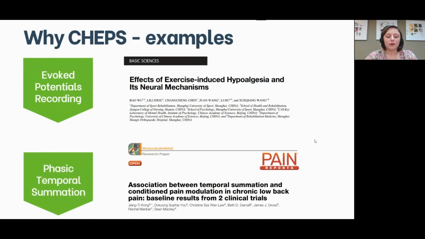And this is an example of using Qsens thermode for phasic temporal summation. This group from Stanford wanted to show the association between the temporal summation and conditioned pain modulation, two dynamic QST tests, and the temporal summation was done using 10 stimuli applied with the Qsens thermode.